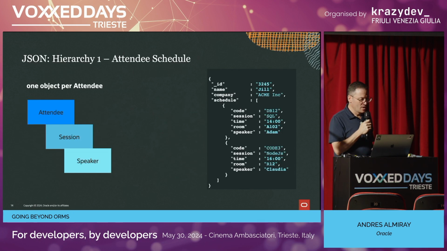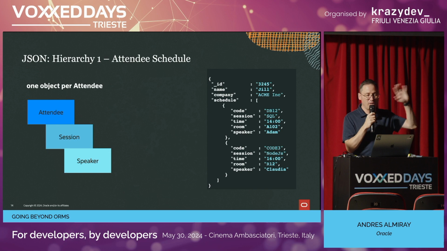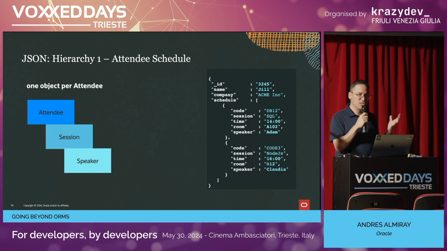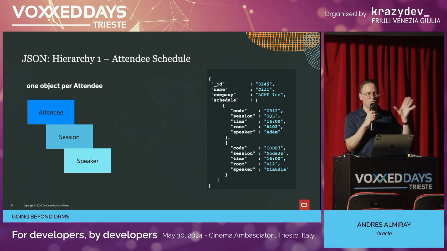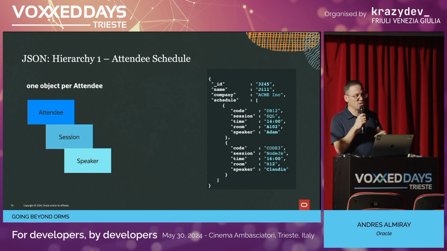So if we were to render this information as a JSON document, remember, we're starting with a relational model. We have many different choices. We can put this into a set of nested elements, we can choose which one will be the root, whether it's going to be the attendee, the session, the speaker, or the conference.